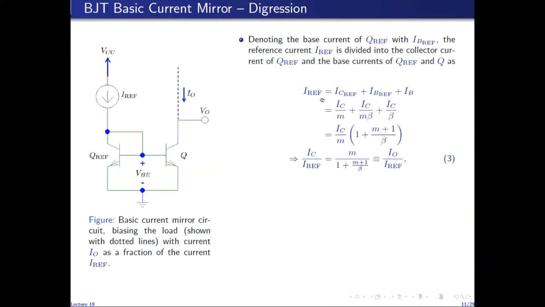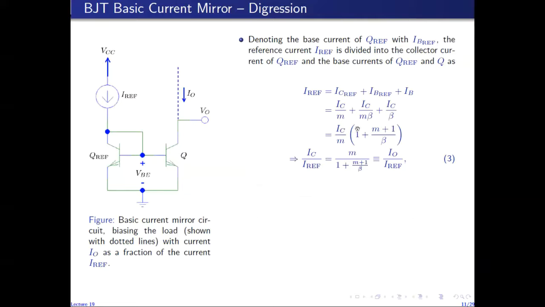So I can write IREF as the sum of ICREF plus IBREF plus IB, where IB is the base current of Q. ICREF is equal to IC over M, because I have just defined IC over ICREF to be equal to M. And IBREF is equal to ICREF over beta, which, again, since ICREF is IC over M, is IC over M beta. And IB is just IC over beta.